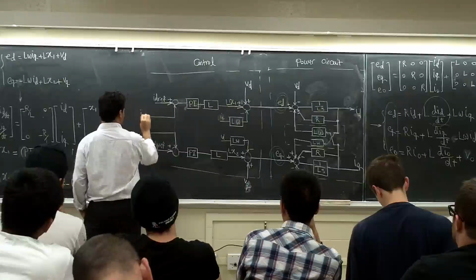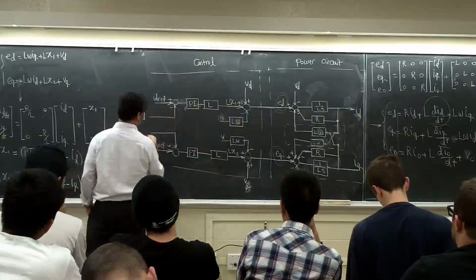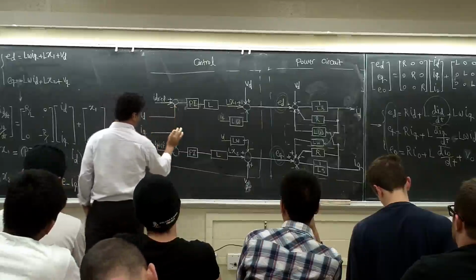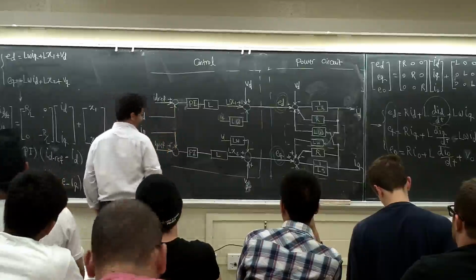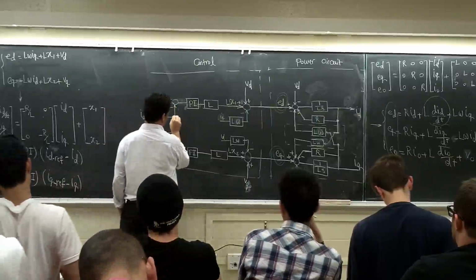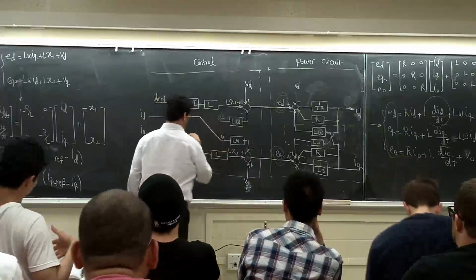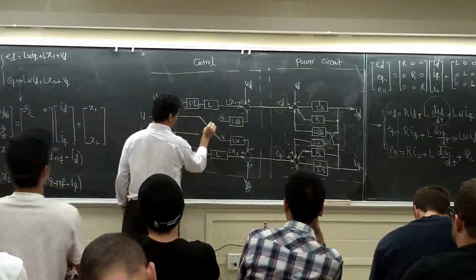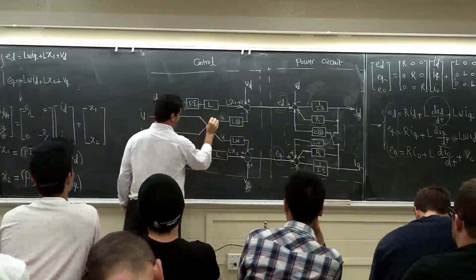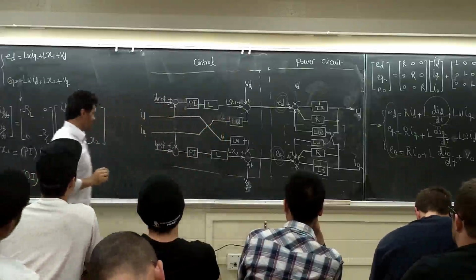Now what I need is the ID minus, this is the IQ minus, and this will come here. This one goes there.